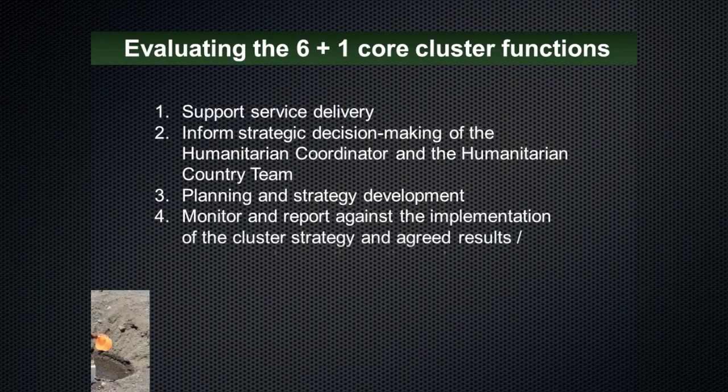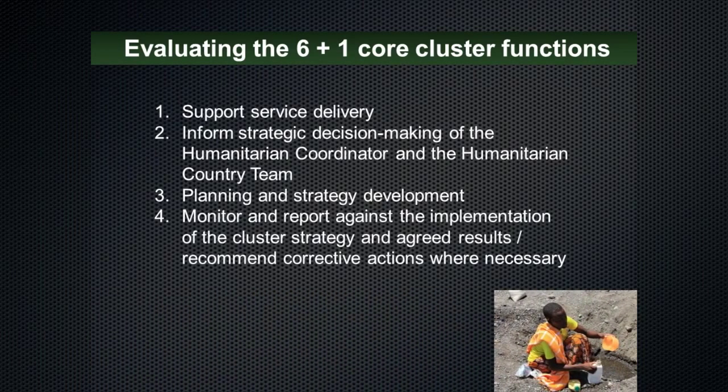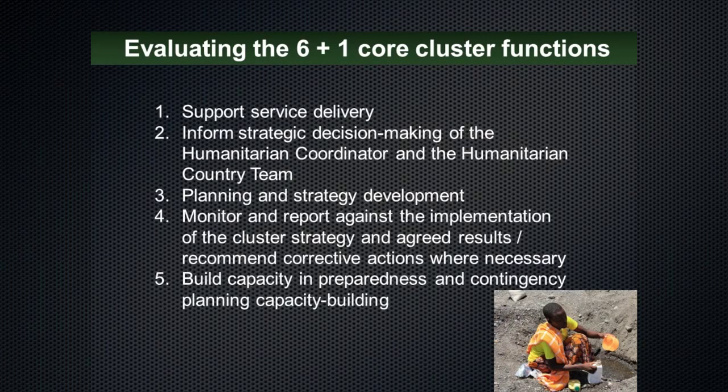Monitor and report against the implementation of the cluster strategy and agreed results. Recommend corrective action where necessary. 5. Build capacity in preparedness and contingency planning. 6. Advocacy. And also, accountability to affected populations.